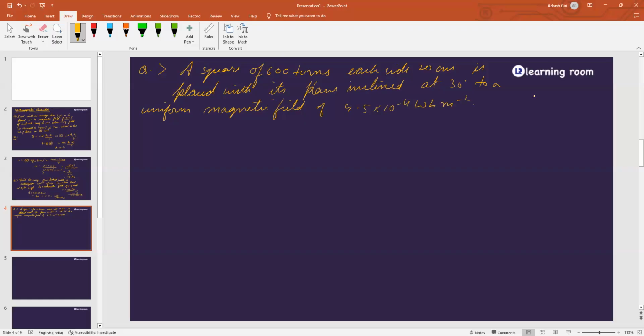You have to find the flux through the coil. Try to solve this.